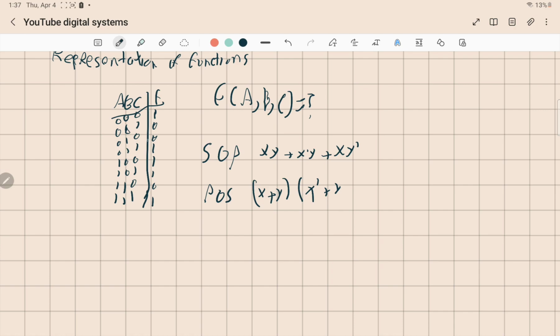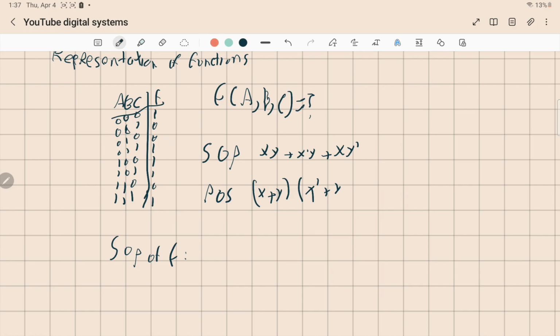So now let's make the SOP of f. Okay, so this is how we do it. We look at the first one.